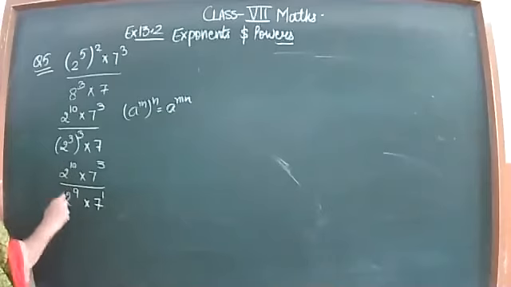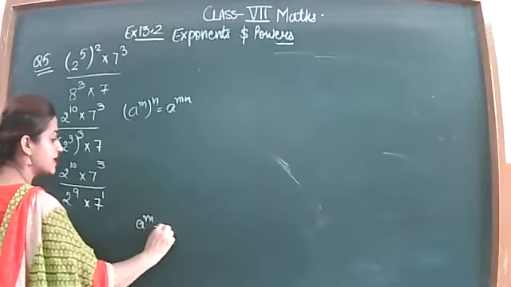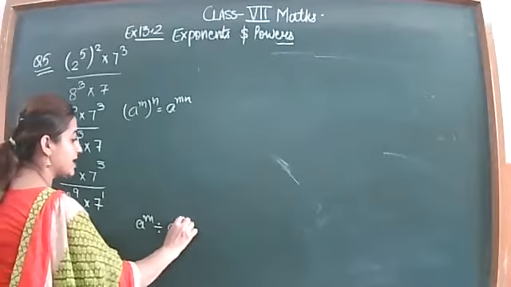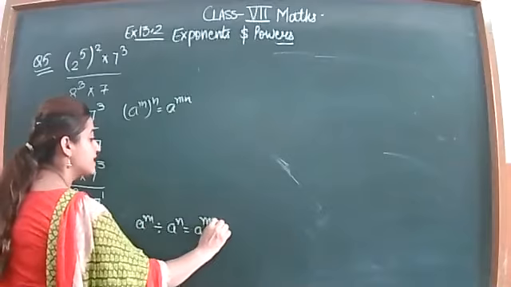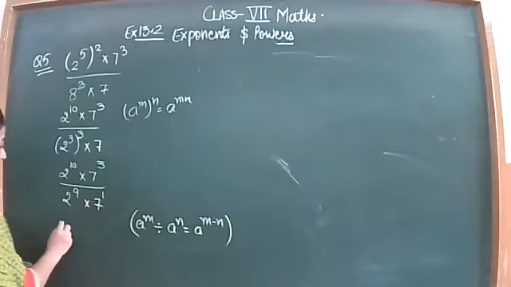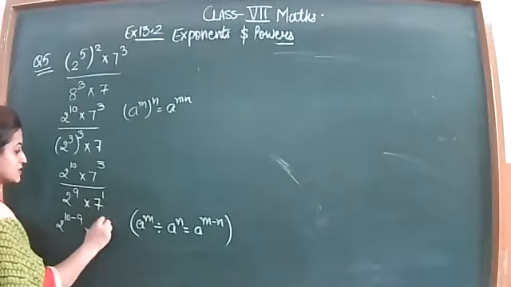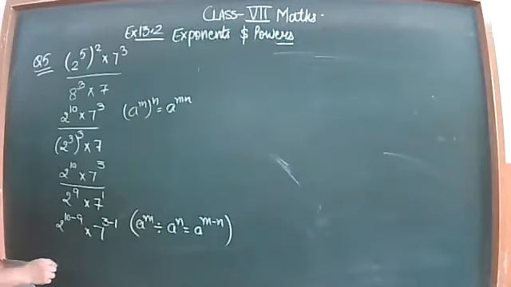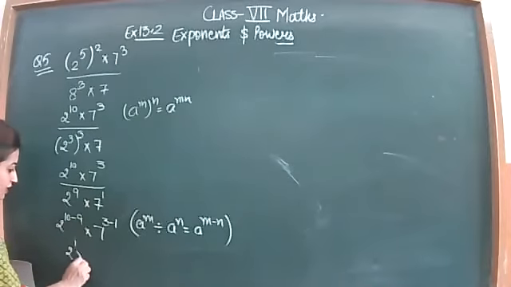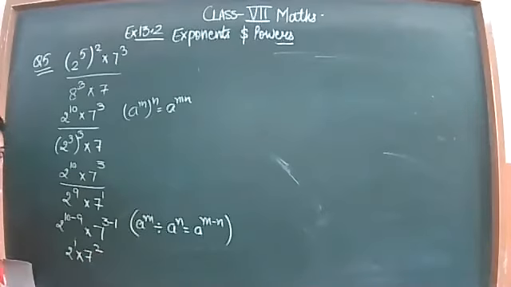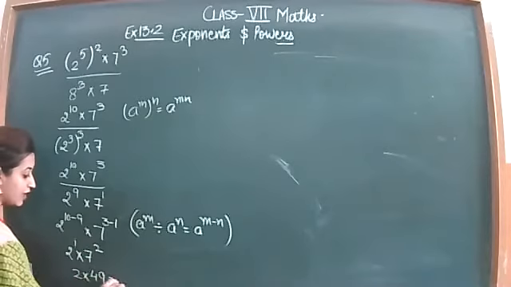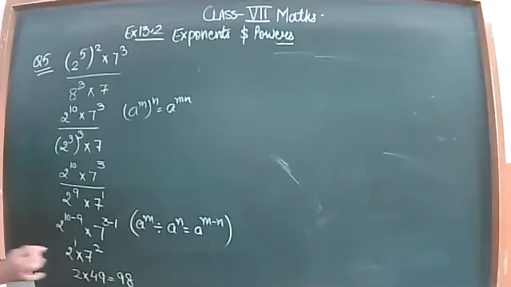Base is same, terms are dividing. A raised to power m divided by a raised to power n is a raised to power m minus n. 2 raised to power 10 minus 9, 7 raised to power 3 minus 1. It will become 2 raised to power 1, 7 raised to power 2. 7 square is 49 and the answer will become 98.